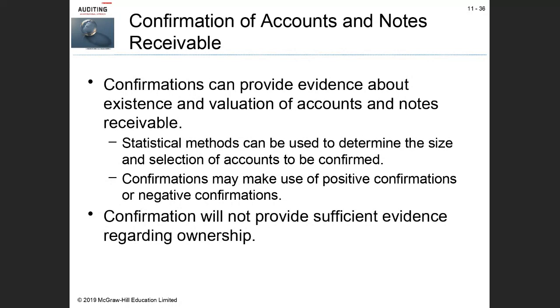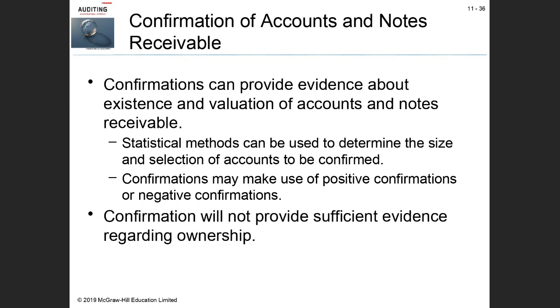With a positive confirmation, auditors always have to get a response back from the customer. If you do not receive the positive confirmation in return, the auditors must do what's called alternative procedures to confirm the account receivable balance. For example, you send out a confirmation letter asking the customer to confirm a balance.